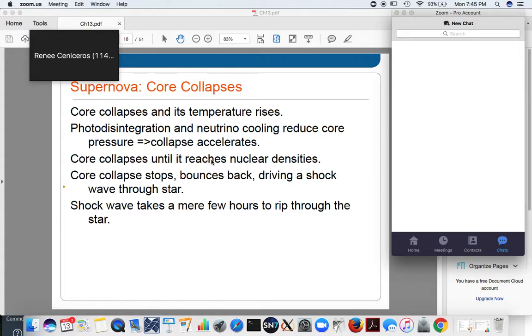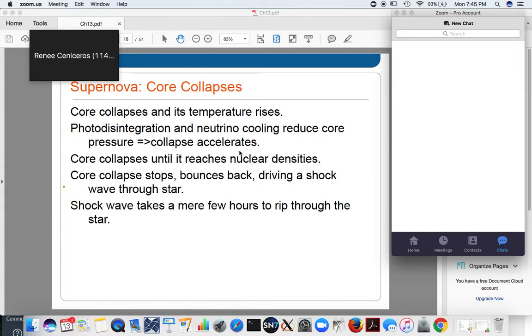So the resultant material is a so-called neutron star. Compared to a regular high mass star, this central part, this core of neutrons, is not big at all.